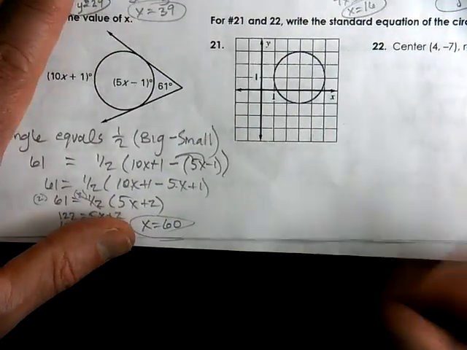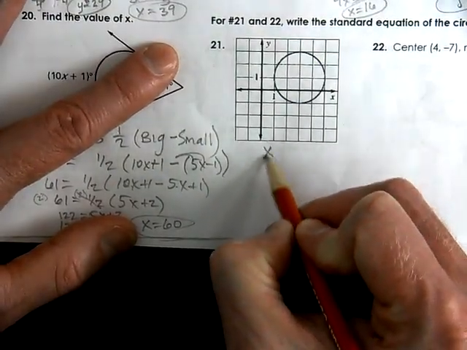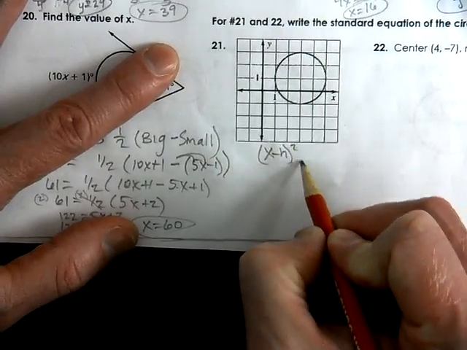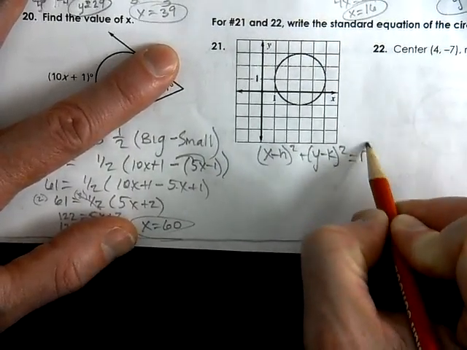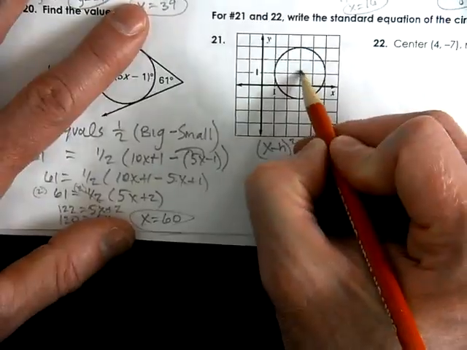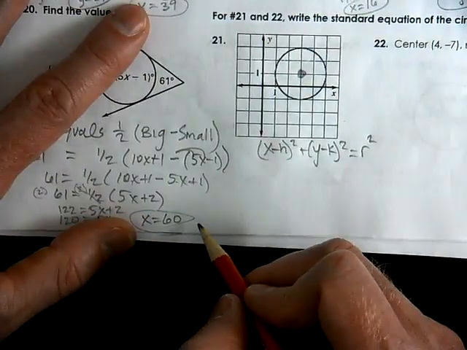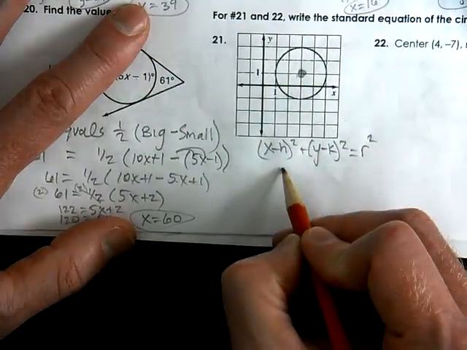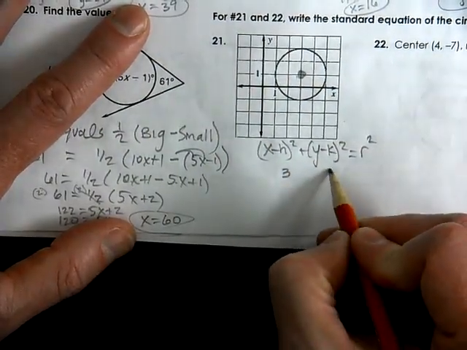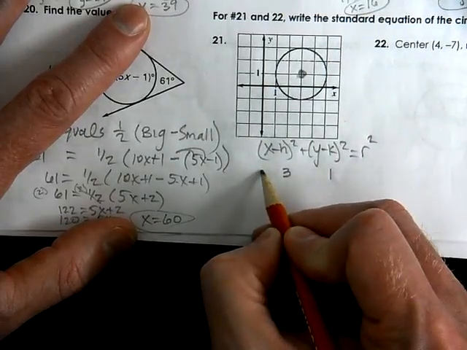Write the equation of a circle. The equation of a circle is x minus h squared plus y minus k squared equals r squared. I know my center is right here. The center is 3 up 1, and they're both positive.